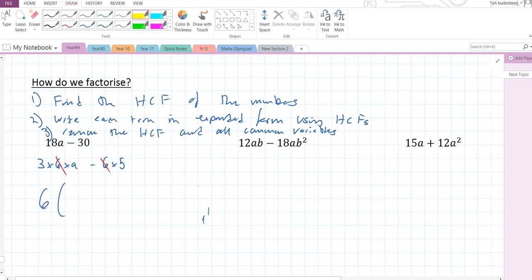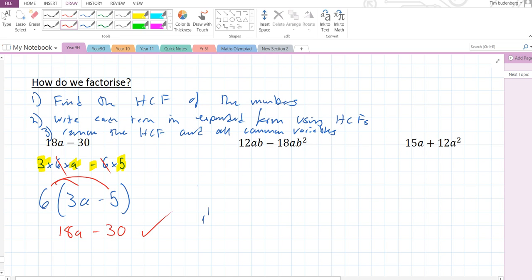Whatever's left goes inside the brackets. By whatever's left I mean there is a 3, there is an a, there's a minus, and there's a 5. So 3a minus 5. Now we should notice if we expand this back out, 6 times 3a is 18a, and 6 times minus 5 is minus 30.